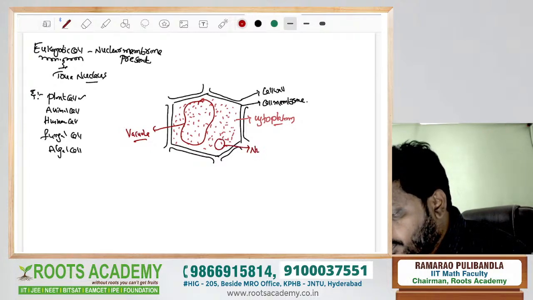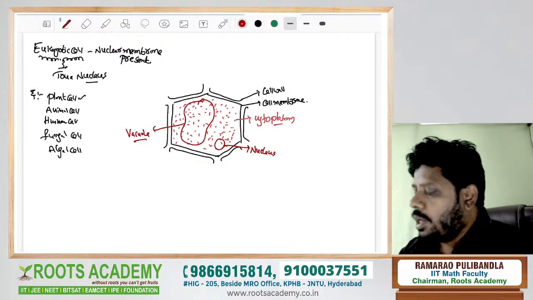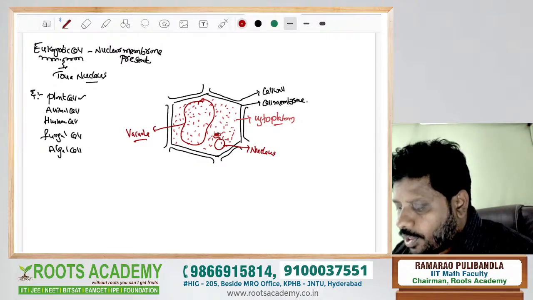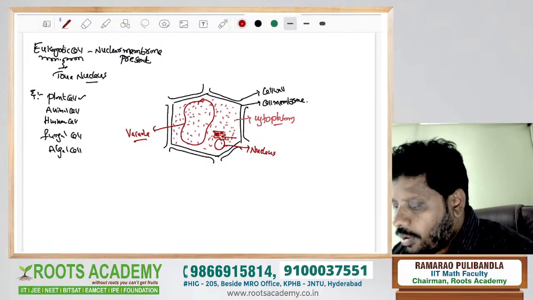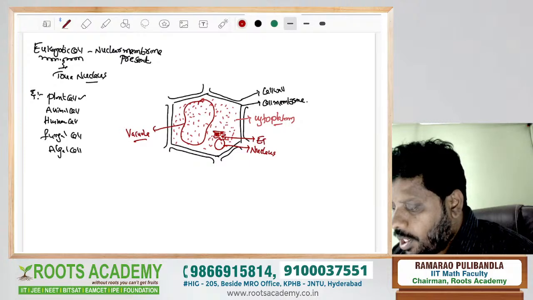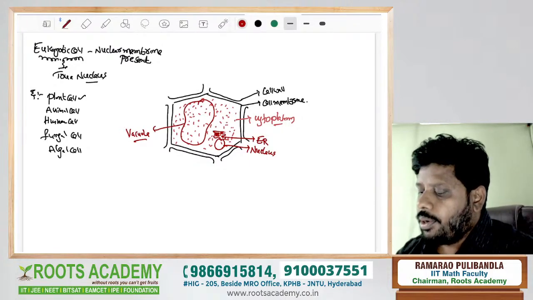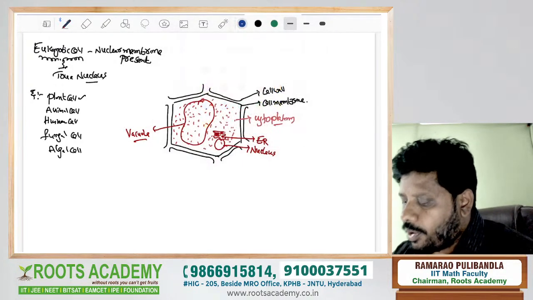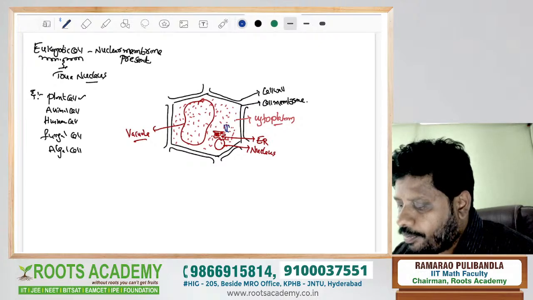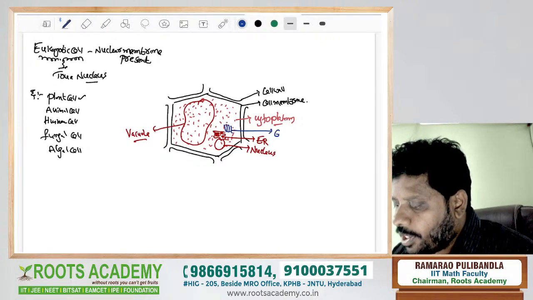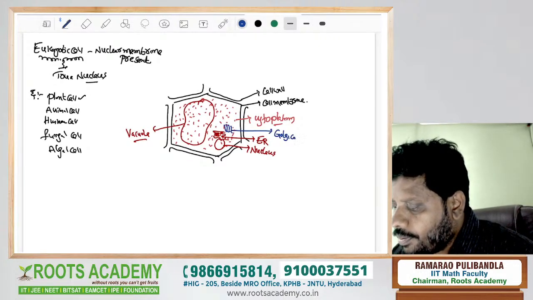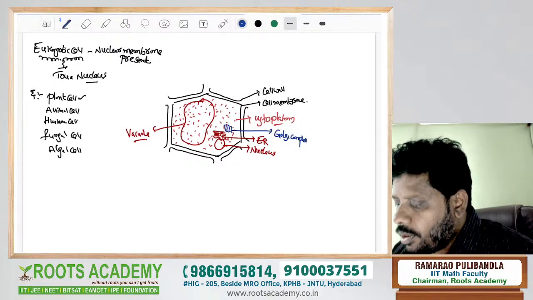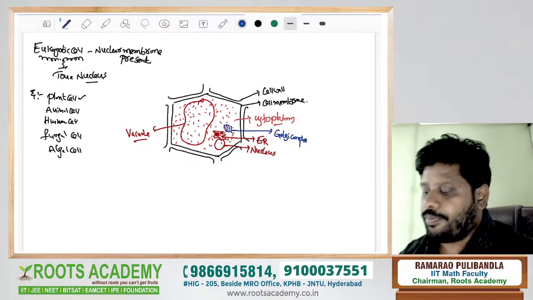See, this is the nucleus. And from this nucleus, endoplasmic reticulum, ER, just near to endoplasmic reticulum, Golgi complex is present.